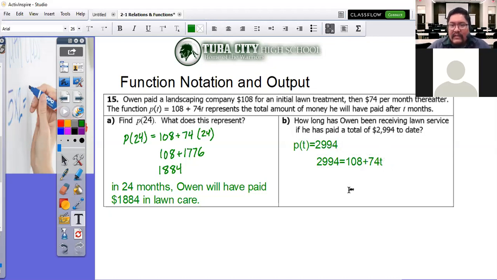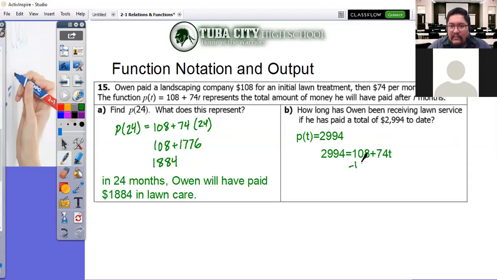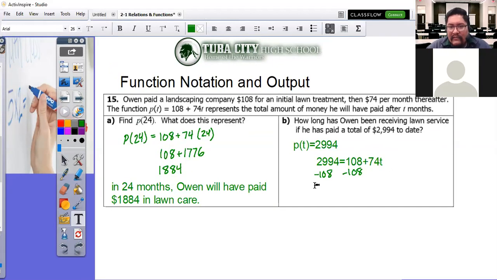So with this one here, looks like we're gonna have to minus 108 from both sides. So minus 108. And that should give us the next step. So this would be 2,994 minus 108.